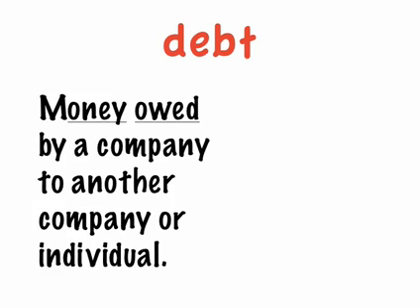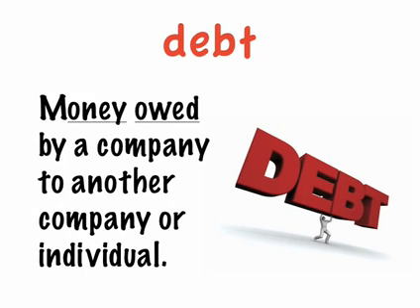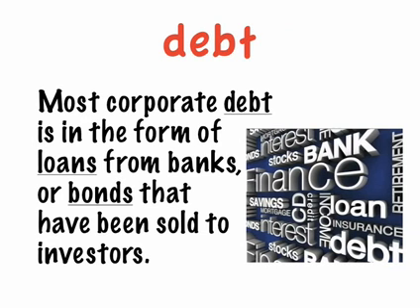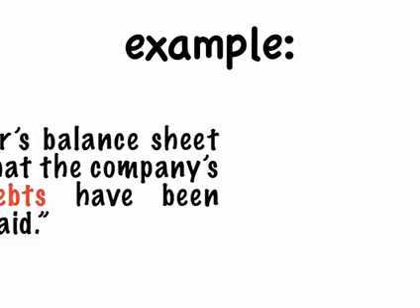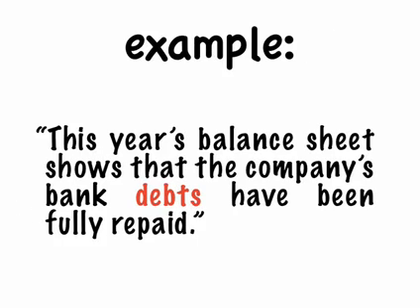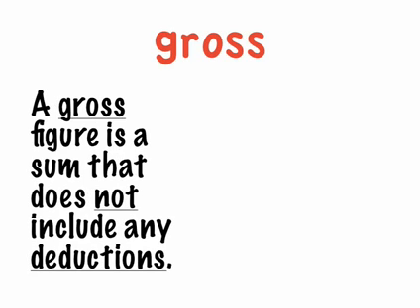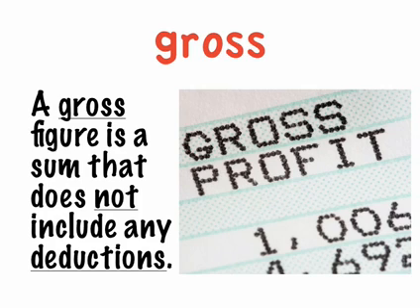Debt. Debt is money owed by a company to another company or individual. Most corporate debt is in the form of loans from banks or bonds that have been sold to investors. This year's balance sheet shows that the company's bank debts have been fully repaid. Gross. A gross figure is a sum that does not include any deductions.